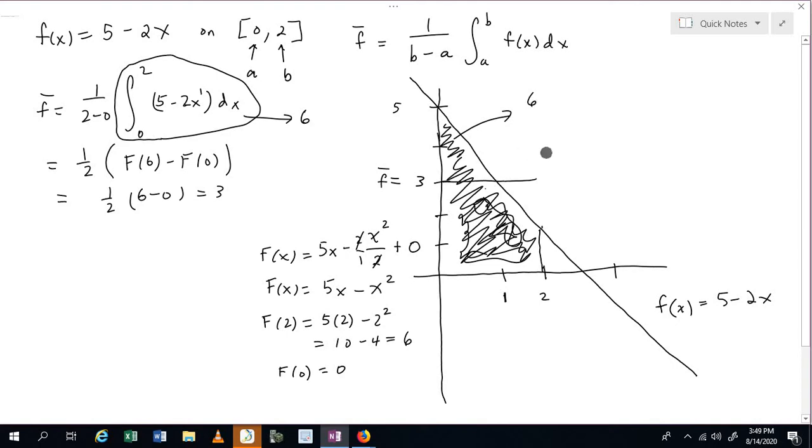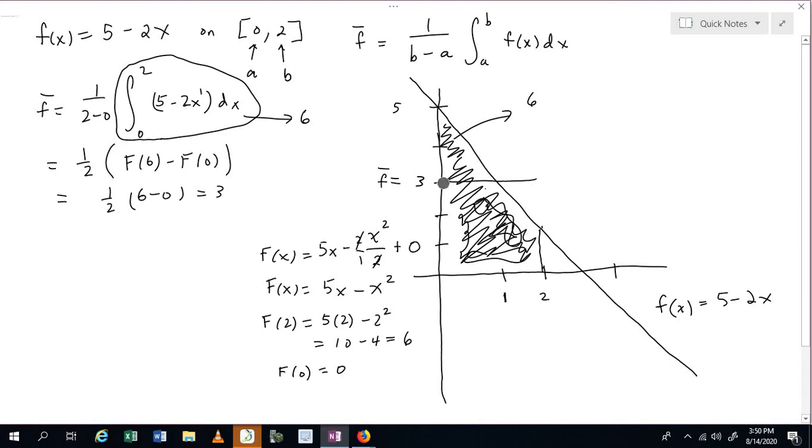And so the question is, what would the function be that remained constant the whole time? We want a constant function that would give us the same amount of net area trapped between that function and the x-axis. And the answer is, it would have to be at y is equal to 3.